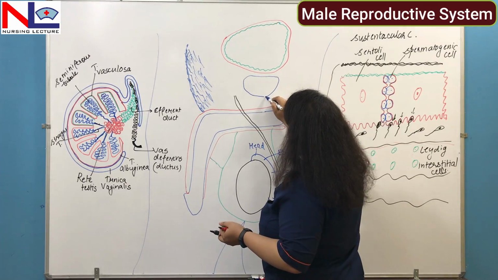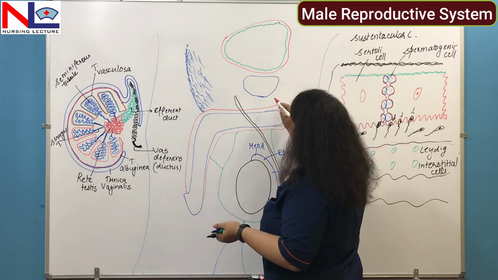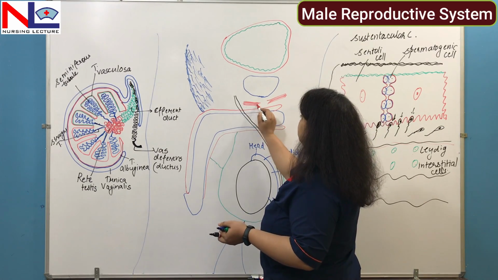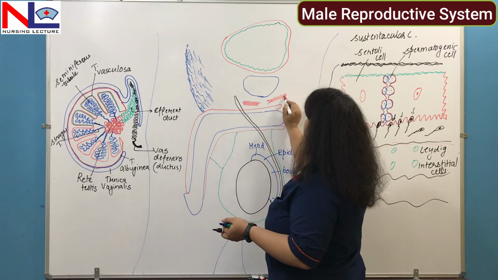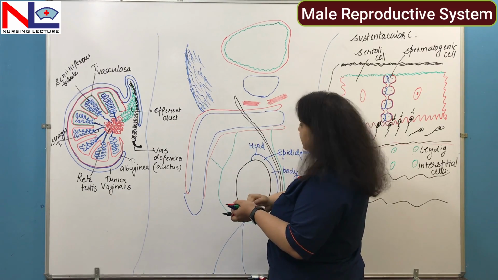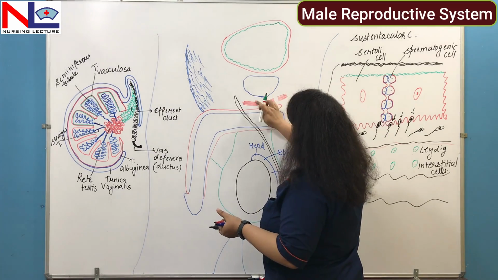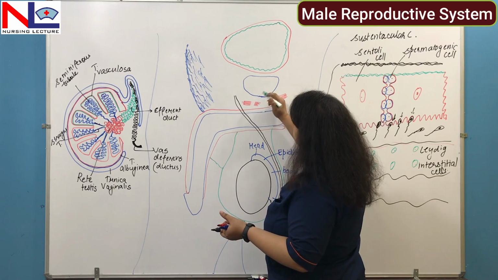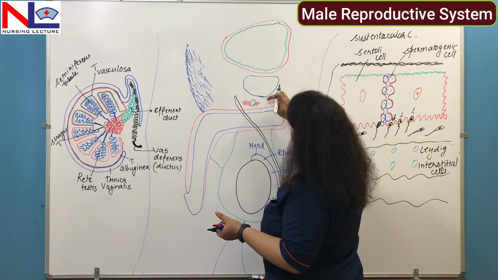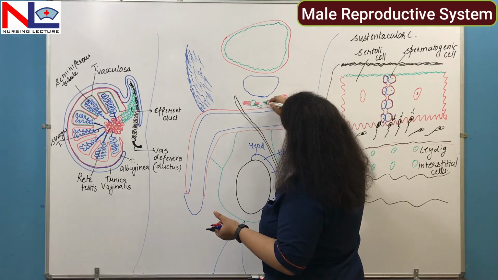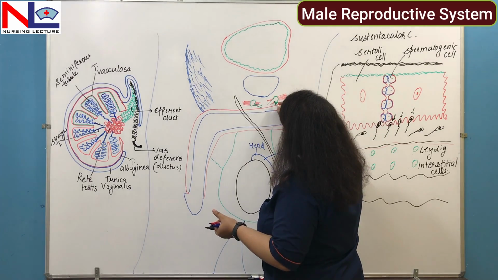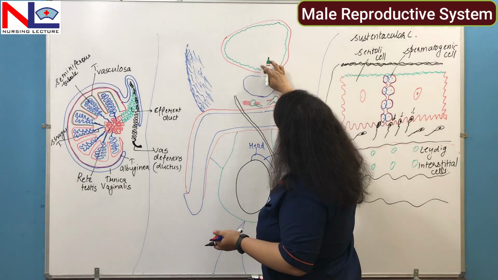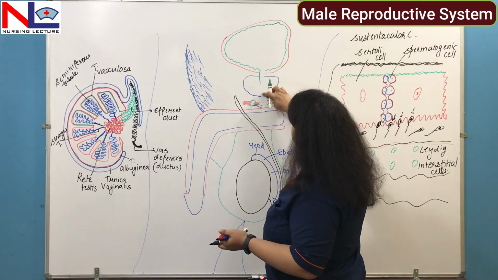Below that are the deep muscles of the perineum, and in these muscles there is another gland, which is the size of a pea, the bulbourethral gland. And the major duct here is the urethra.